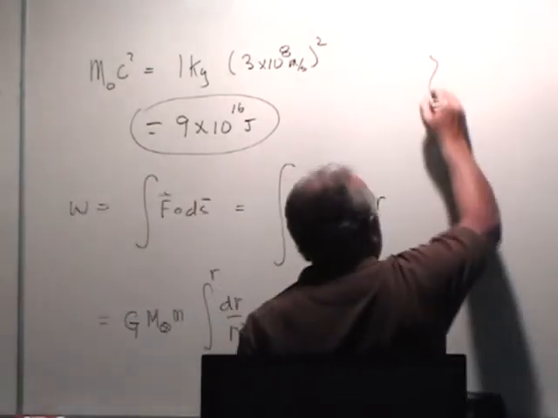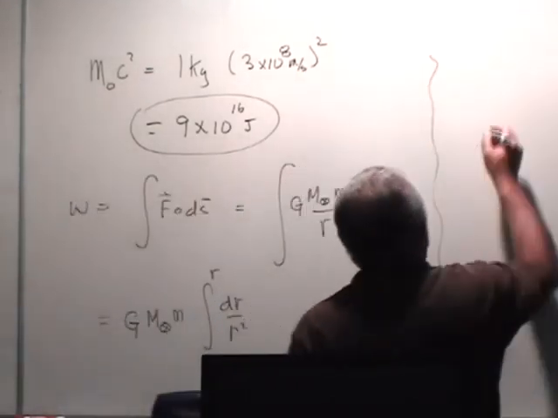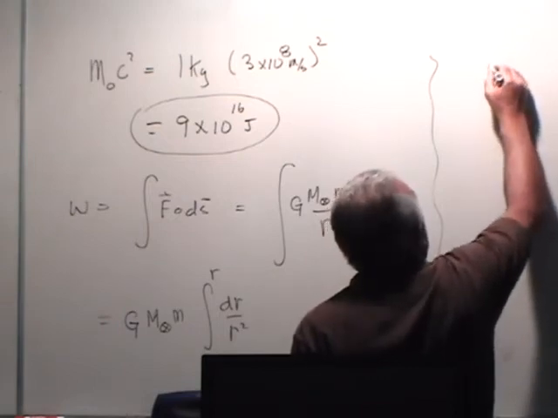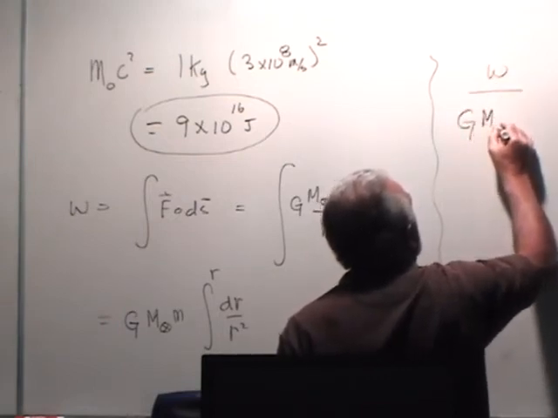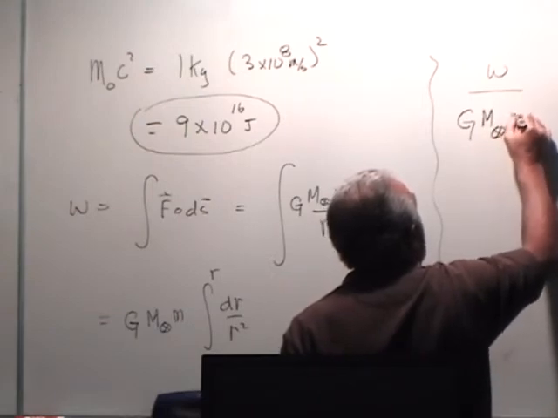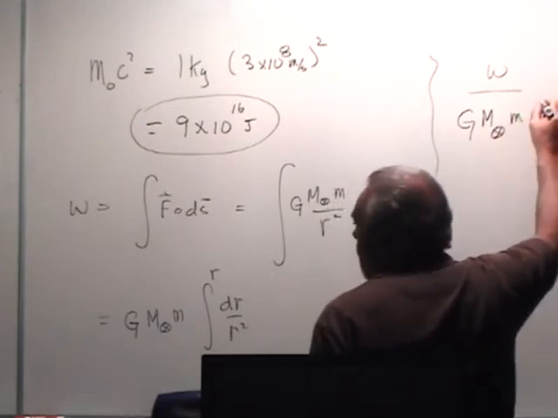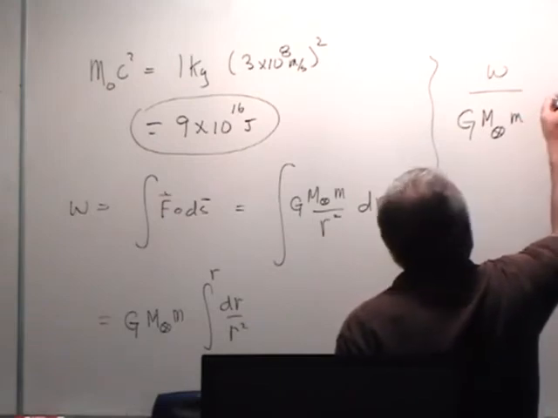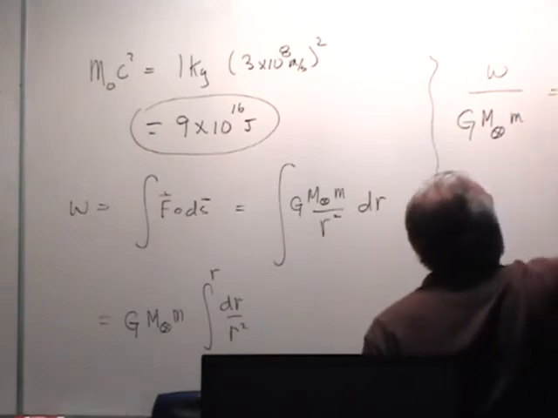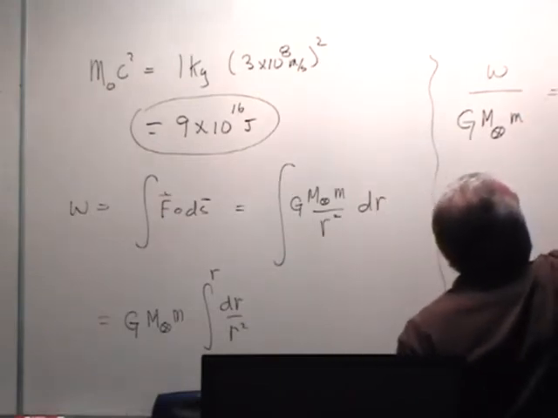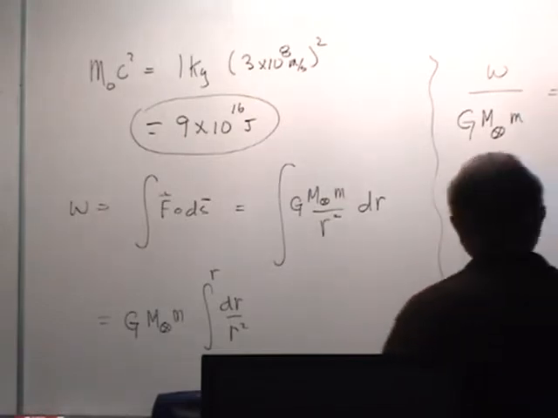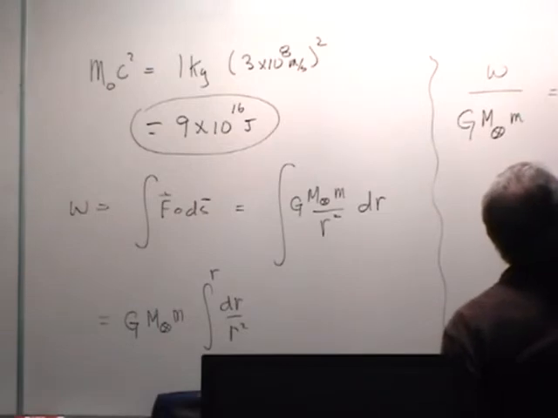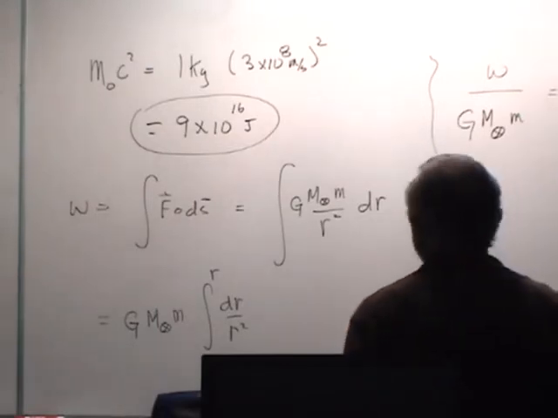So what we have then is that work divided by G, M, must equal the integral dr over R squared, like this. And that's the radius of the moon's orbit.